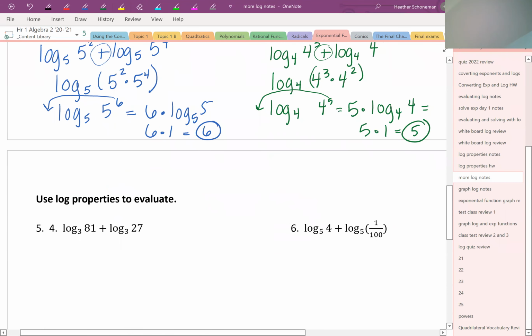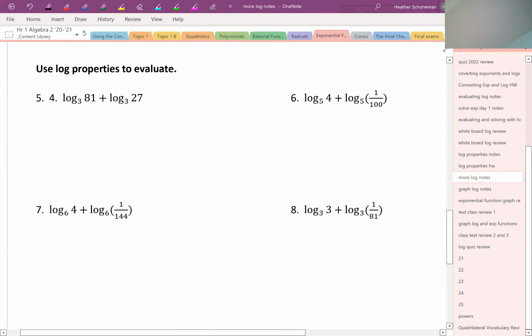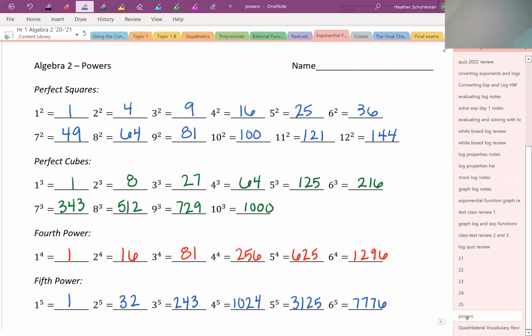All right, in class, we did just one more, and then we're going to save the rest for next time. So on this one, because it's log base 3, I want to write them as a base 3. Okay, we can do that. So 81, if you're not sure, that one may not be a common one, but as a base of 3, that one is, 3 to the 4th right here. Yep.